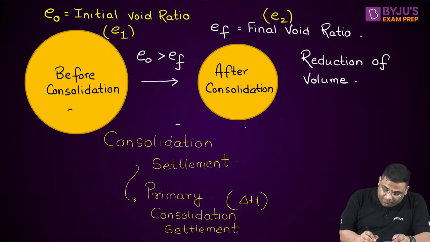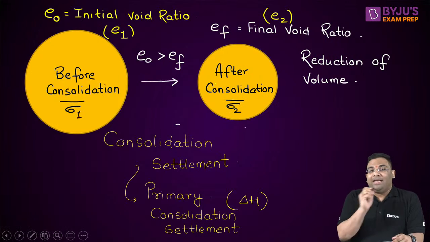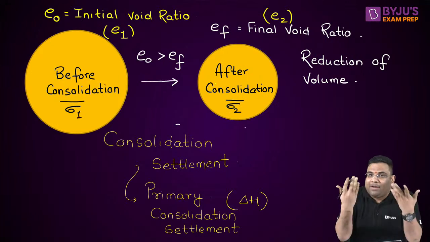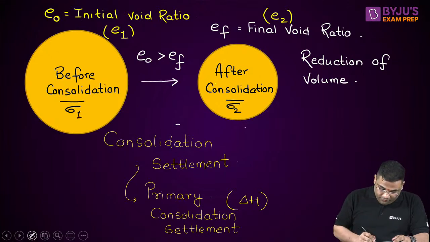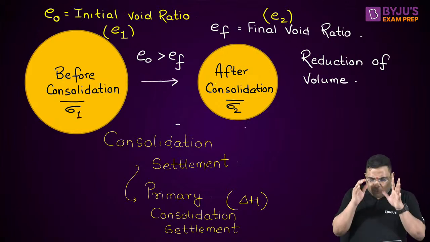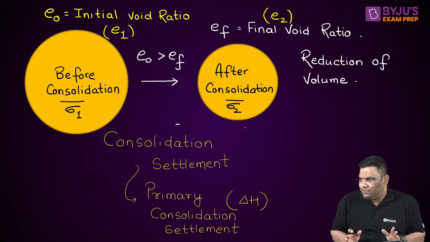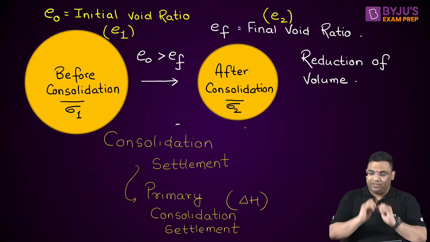Now, suppose the effective stress before consolidation is sigma 1 dash and after consolidation is sigma 2 dash. Which one will be more? Obviously sigma 2 dash is more, because consolidation happens due to additional stress coming into picture.